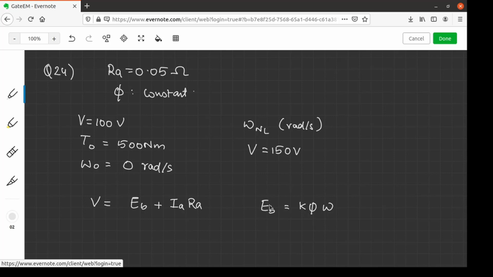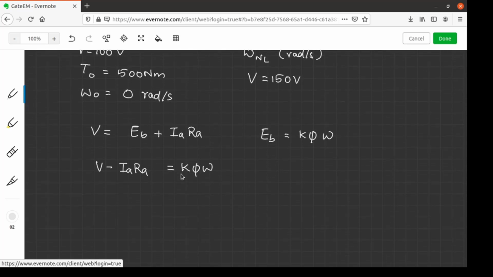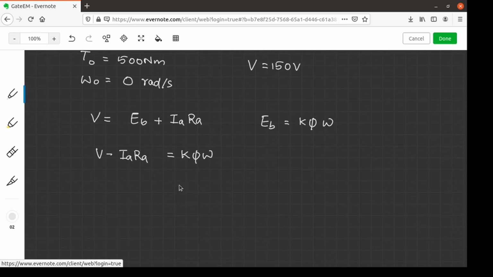So we can substitute for EB in this equation. So you get V minus IARA, I have taken the IARA to the other side, equals K phi omega. Now I'll divide by K phi throughout. So you get omega equals V by K phi minus IARA by K phi.